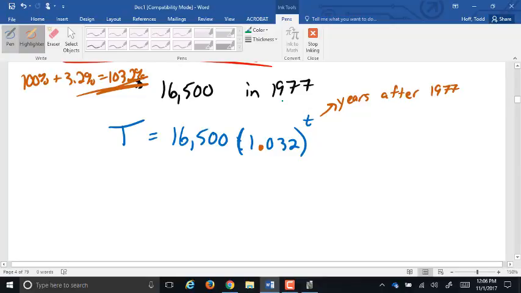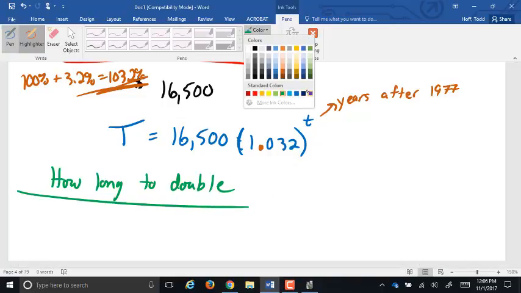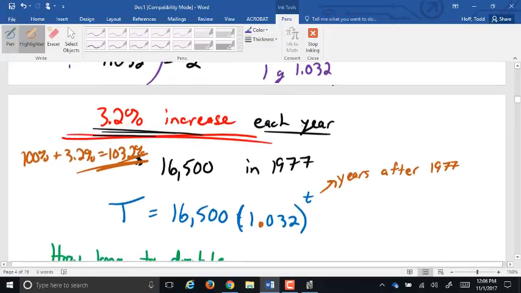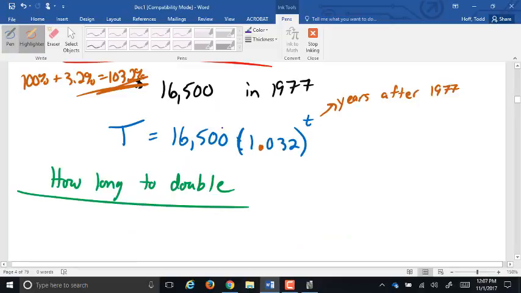Now, we had asked a question at some point. I'm going to stick an extra question in here that's not in the packet. We asked, how long does it take to double? And the reason I'm asking this is because it really ties into this last equation we solved right here. What's double of 16,500?